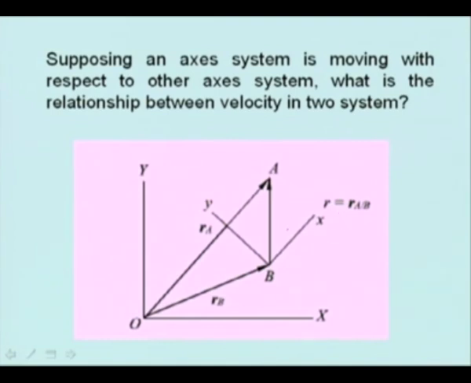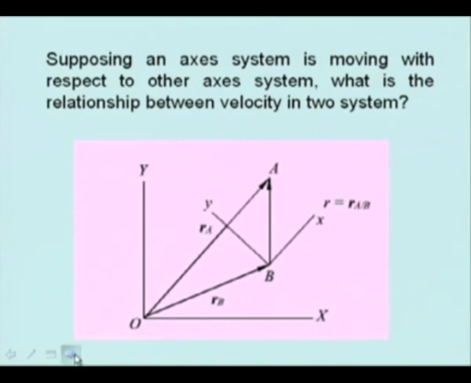The difference between the two position vectors R A and R B is indicated by another vector, called B A. R B plus B A gives you R A. We can write R as R A with respect to B. This is the position vector of A with respect to B, indicated by R.